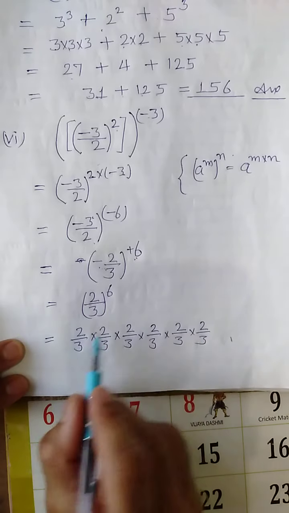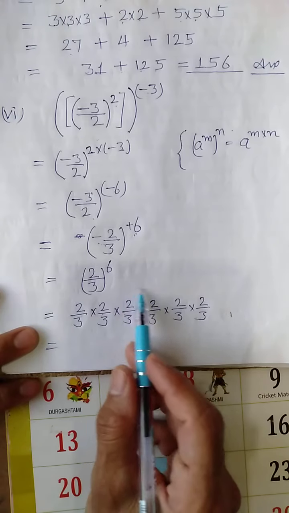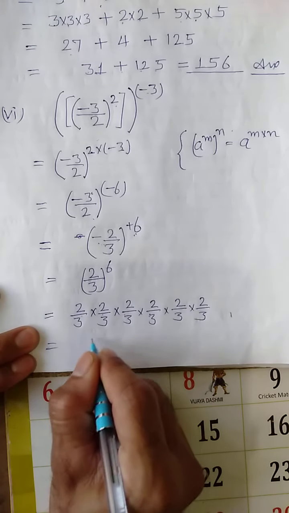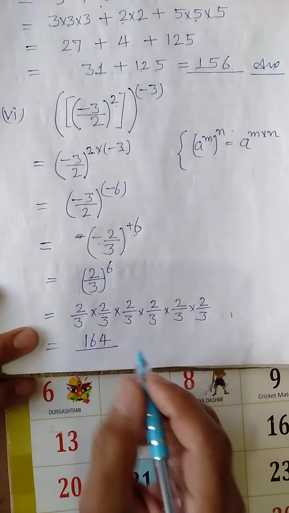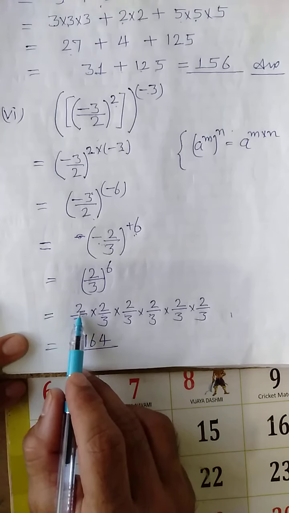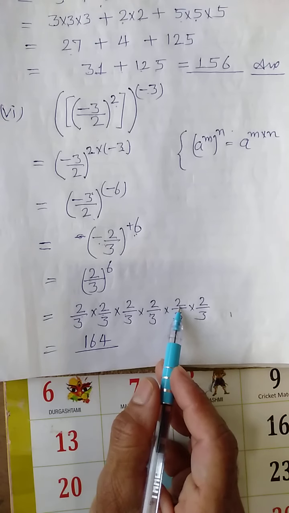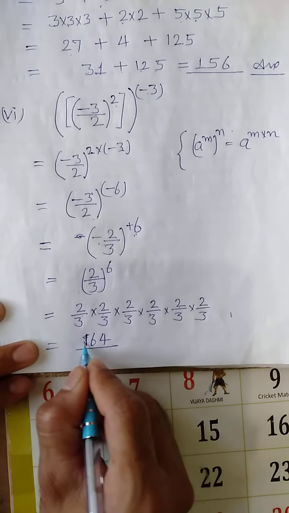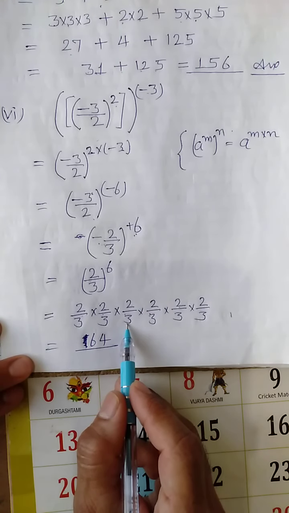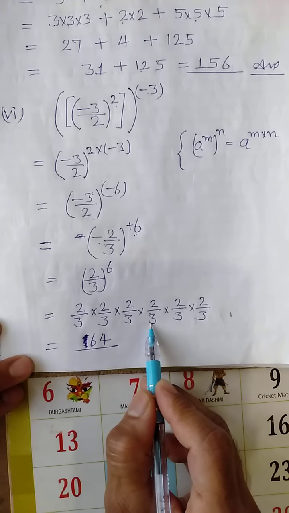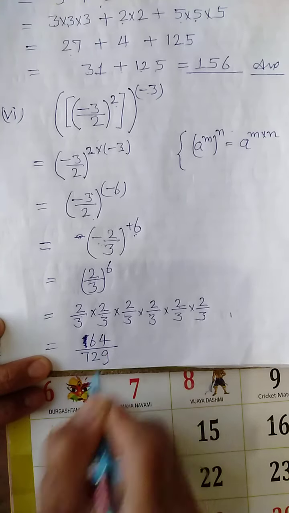2 upon 3, 6 times: 1 2 3 4 5 6. When we multiply, 2 2 ja 4, 4 2 ja 8, 8 2 ja 16, 16 2 ja 32 and 32 2 ja 64, so 64 will come in numerator. And in the denominator, 3 3 ja 9, 9 3 ja 27, 27 3 ja 81, 81 3 ja 243 and 243 3 ja 729.